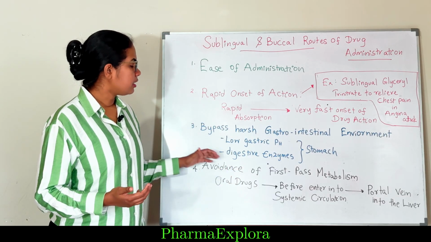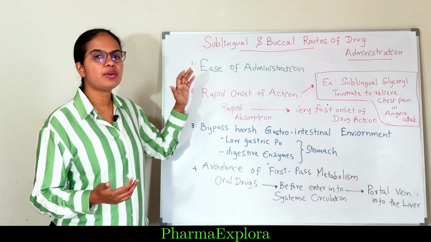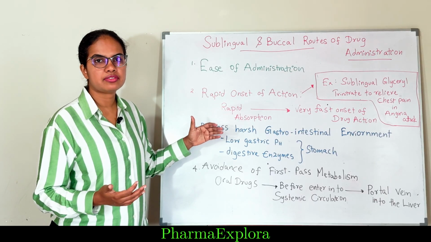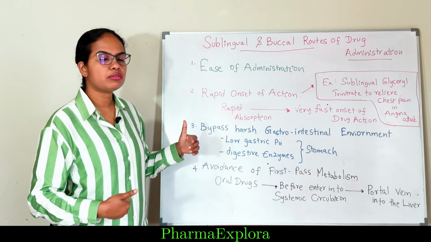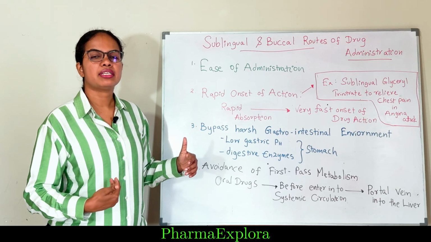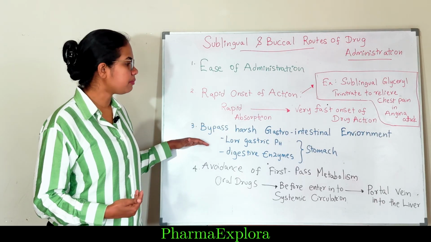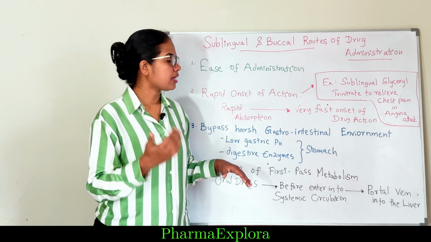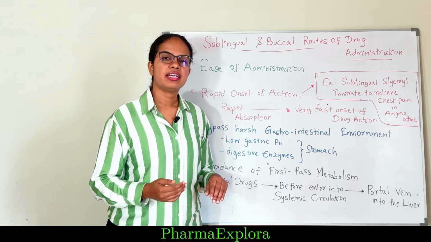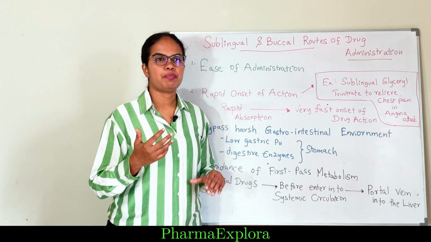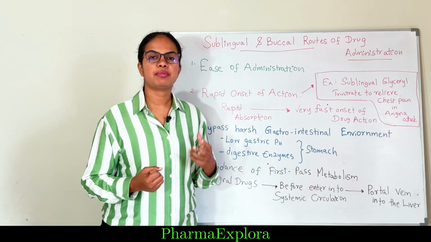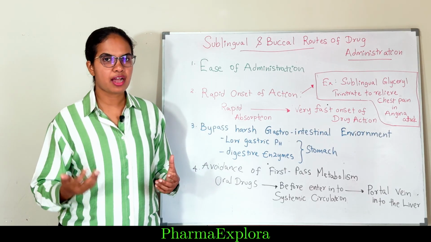Since the sublingual and buccal routes of drug administration do not go through the normal gastrointestinal tract, they bypass the harsh gastrointestinal environment. Therefore, the bioavailability of these medications is very high.